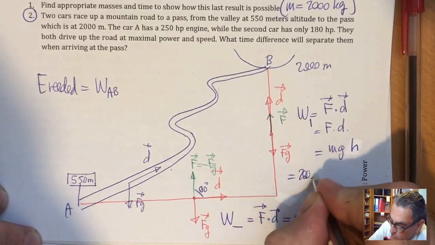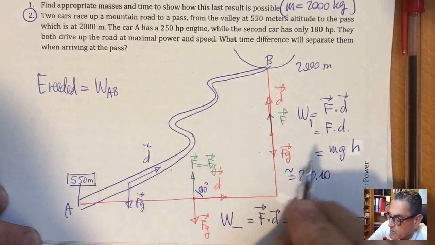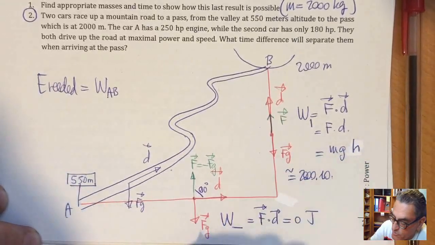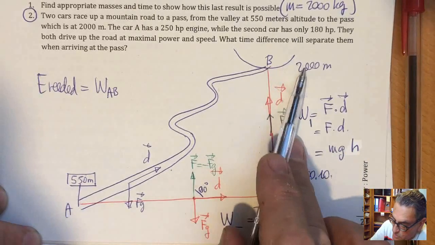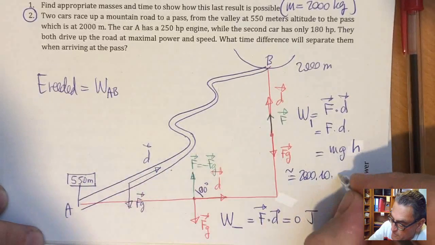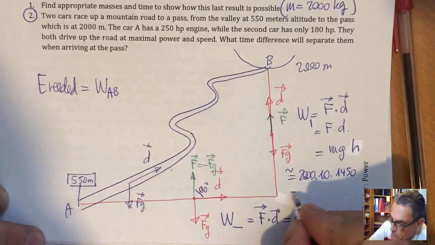So now I can compute that. The mass of the car is 2000. G, I will approximate it to 10. And the height is going to be what? It's going to be 2000 minus 550. Okay? So it's going to be 1450.